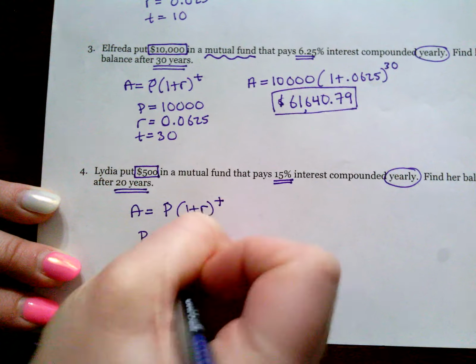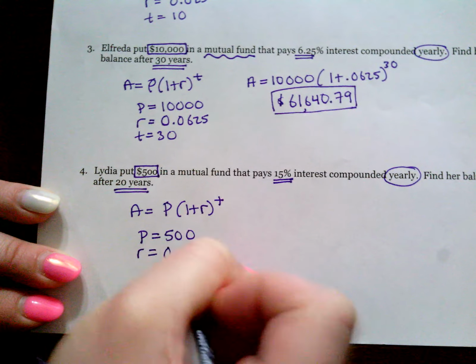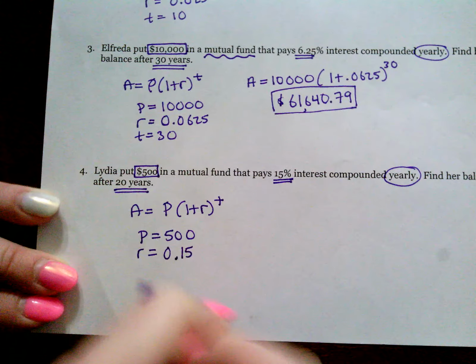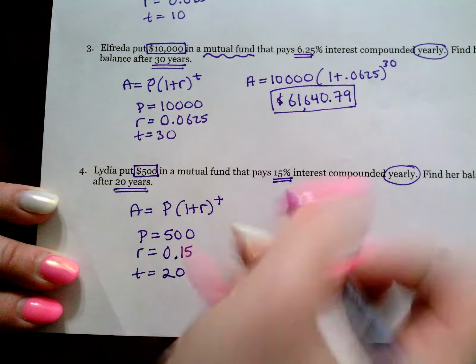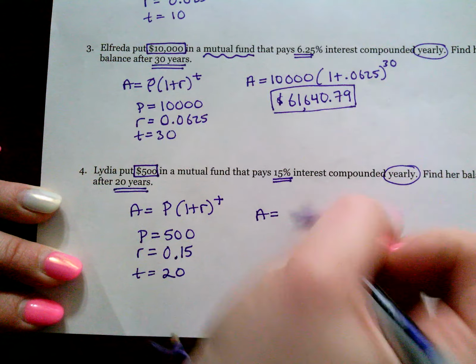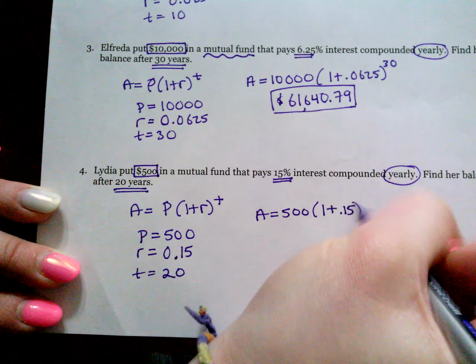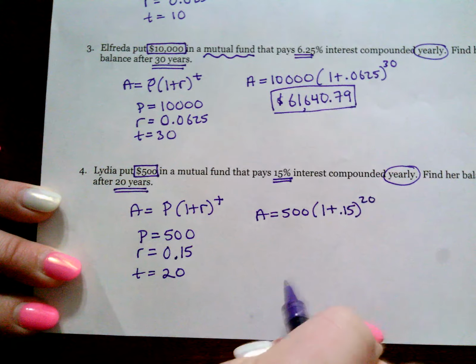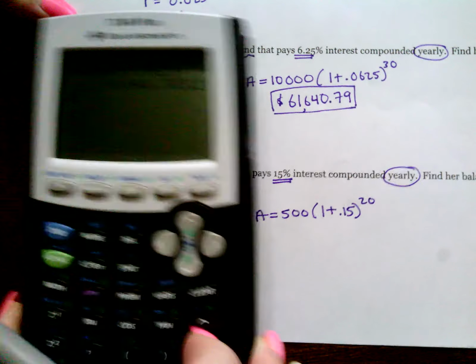So A equals 500 times 1 plus 0.15, which is 1.15, to the power of 20.